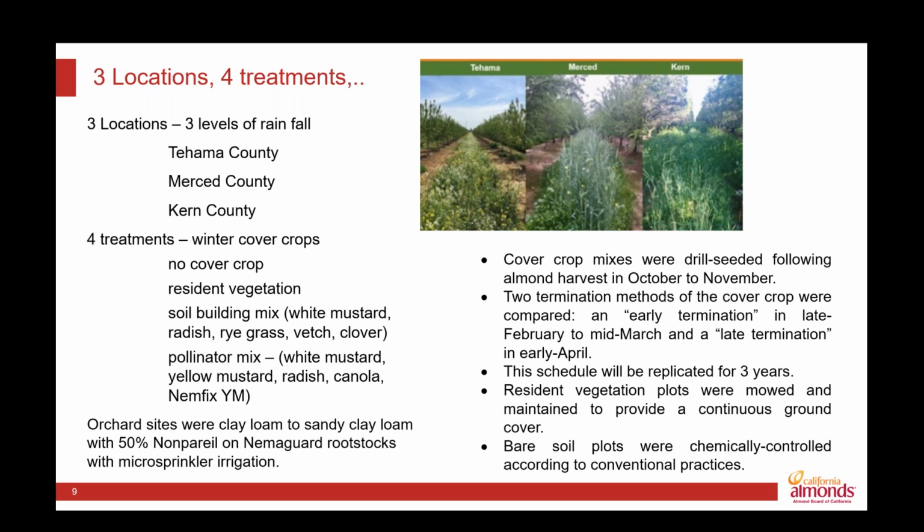All of these were planted in the fall using winter rains. The orchards were similar in terms of having Nonpareil as the primary variety and 2 different pollinizers, and were micro-sprinkler irrigated. And they also looked at different termination timings and methods just to see both the impacts and how it worked.